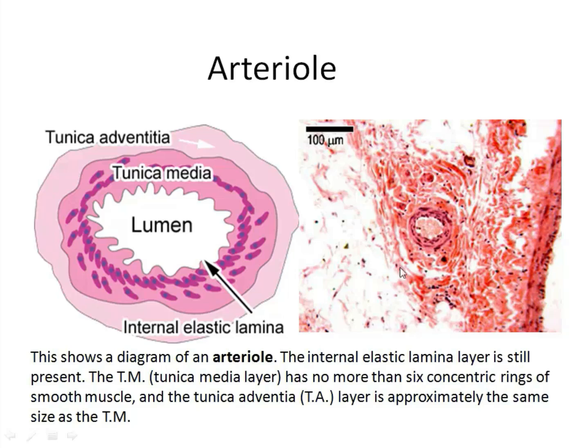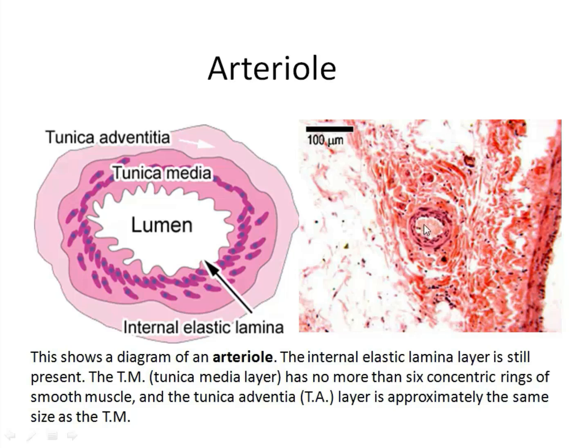Now in this actual photograph, can you identify these layers? See, this one is the lumen. In that lumen, you see a clump of reddish circular structures. That clump is blood. So forget about this blood.